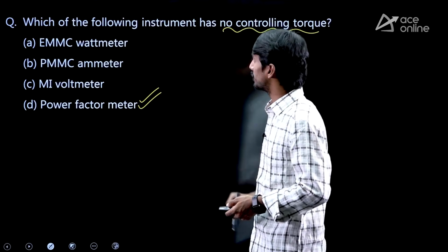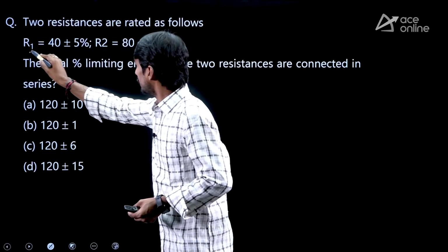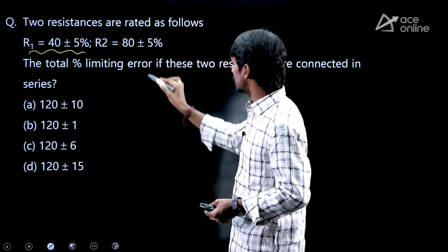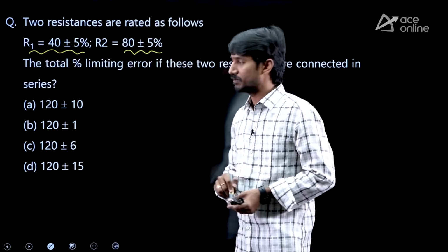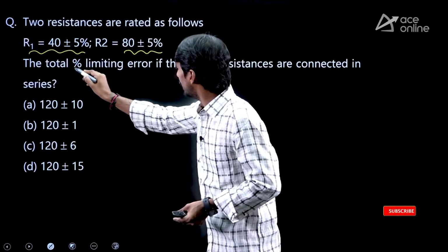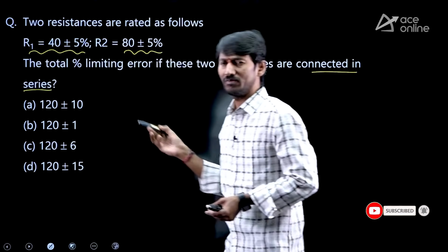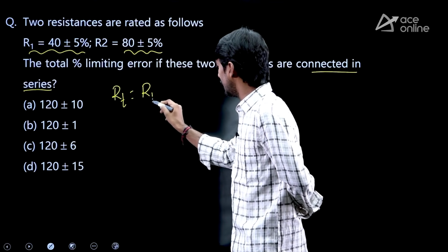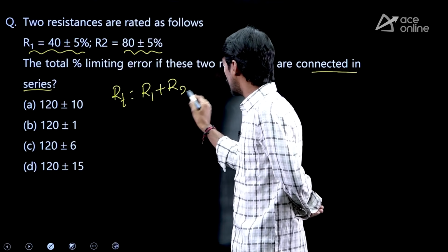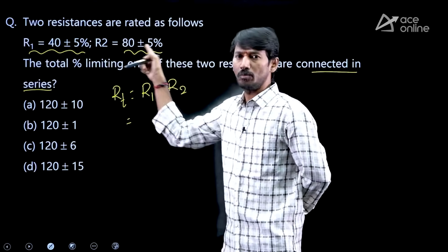Right? Next one. Two resistances are rated as R1 is 40 plus or minus 5%, R2 is 80 plus or minus 5%. What is the total percent limiting error when these are connected in series? Very simple. Total resistance in series connection is R1 plus R2. But what is the technique we know? Addition operation, we talk about value form.